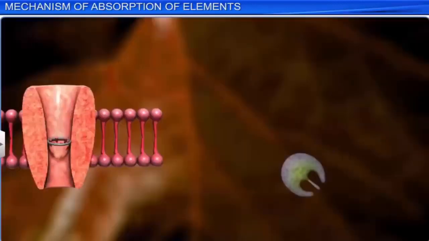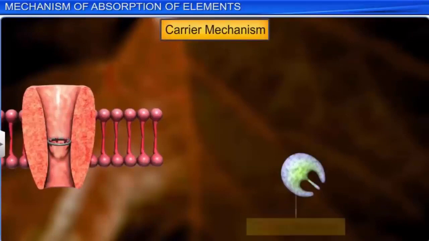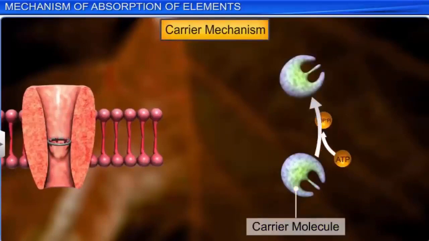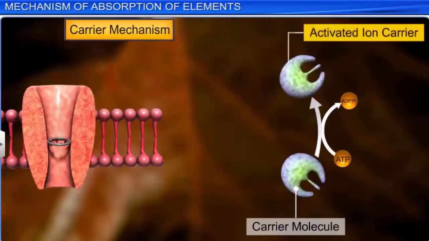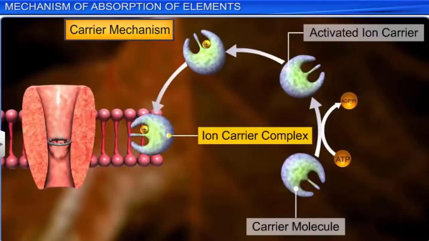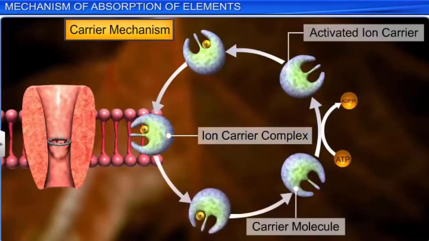This happens through the carrier mechanism. The carrier gets activated by the expenditure of energy from the ATP molecule. The activated carrier molecule binds with the ions and transfers it into the cell. The movement of ions is called flux. The inward movement into the cells is called influx, and the outward movement is called efflux.